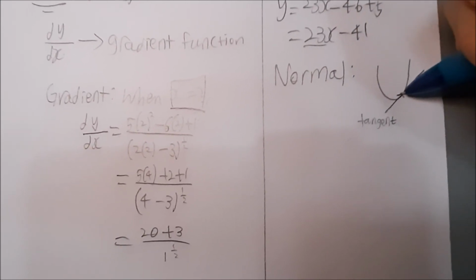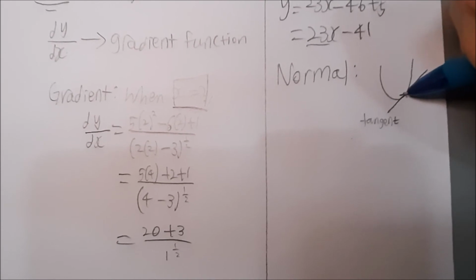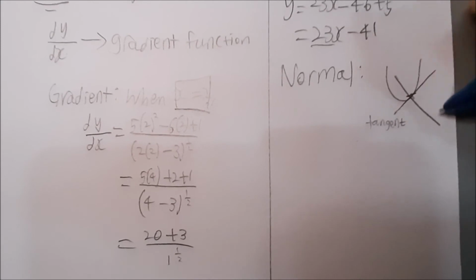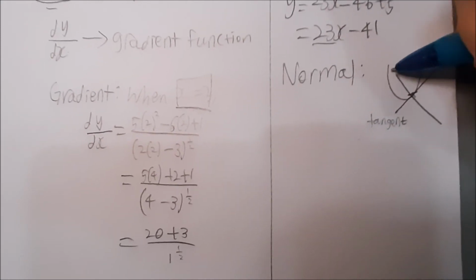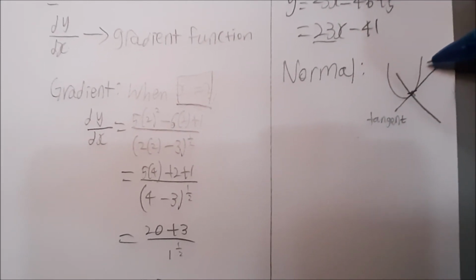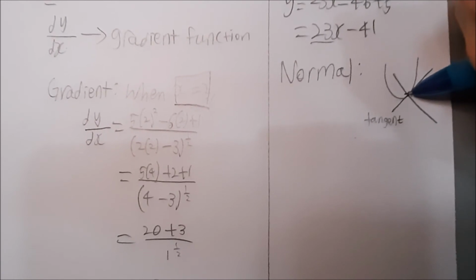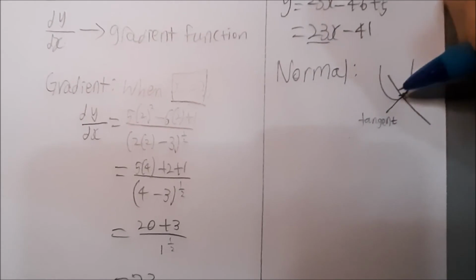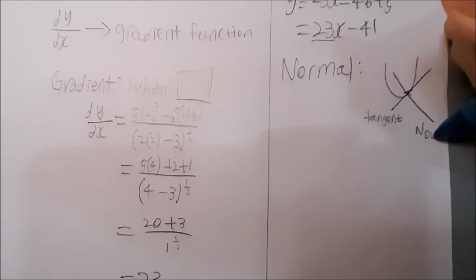And the line which is perpendicular, or 90 degrees, to the tangent is called the normal, and it also passes through the curve at the same point as the tangent. So this is called the normal.